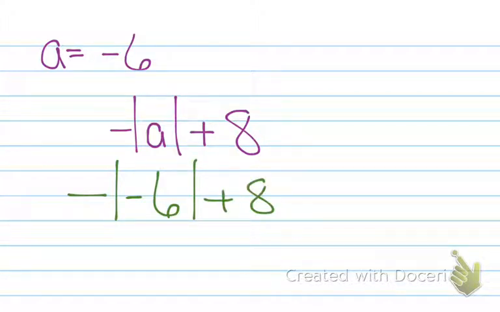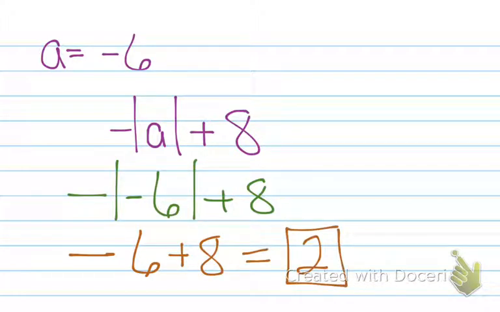That is not a double negative. I have to first evaluate what is the absolute value of negative 6. It's just 6, but now I do have to bring down the negative that was in front of the absolute value sign. So it's negative 6 plus 8, which gives me 2. All right, does that make more sense? If you missed it on the quiz, make more sense?